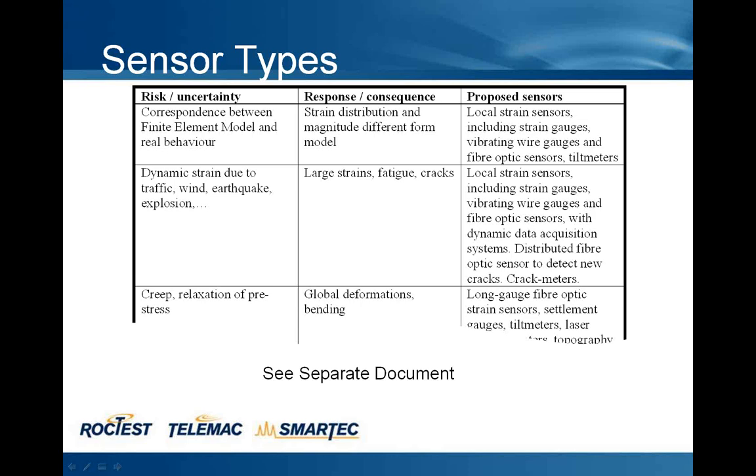And this can be identified by local strain sensors, vibrating wire gauges, fiber optic sensors, a dynamic data acquisition system, or a distributed fiber optic sensor to detect new cracks, or a crack meter to measure crack opening of existing cracks, and so on. So following those two tables, you can first identify the risks, then the consequences, and then the sensors that can be used to address them. Again, you will receive the complete table in the document that we will send in a few days.